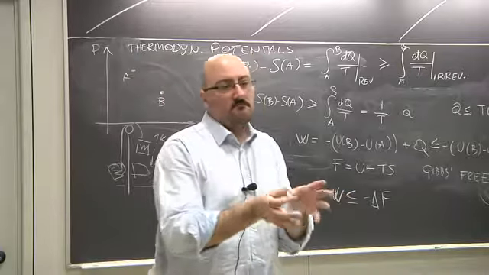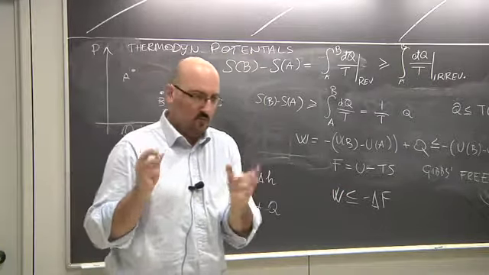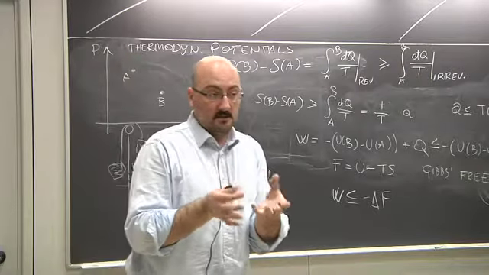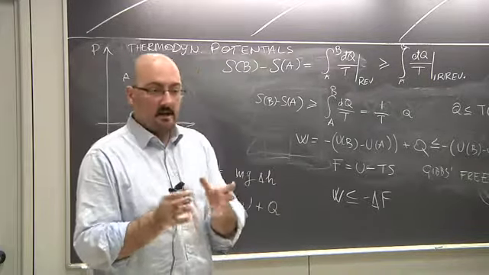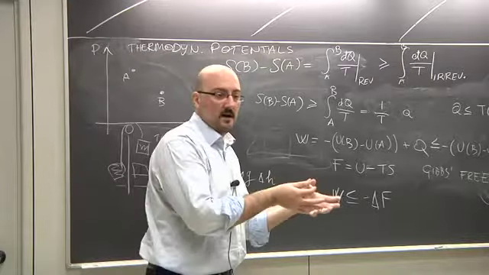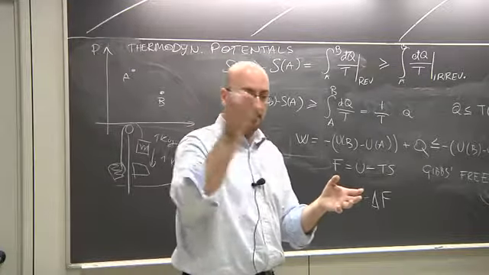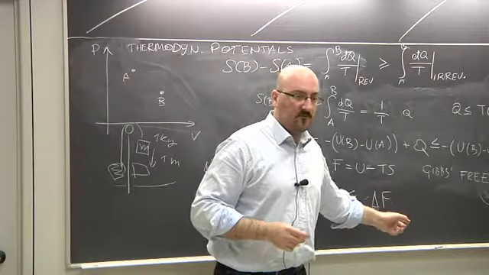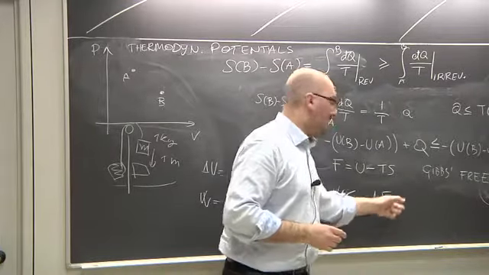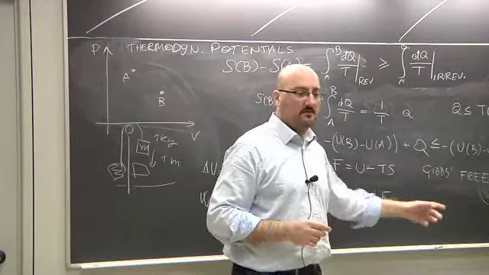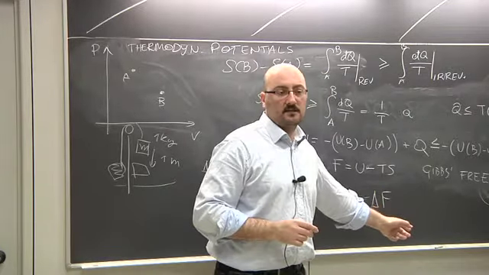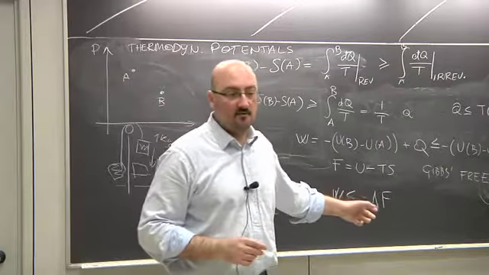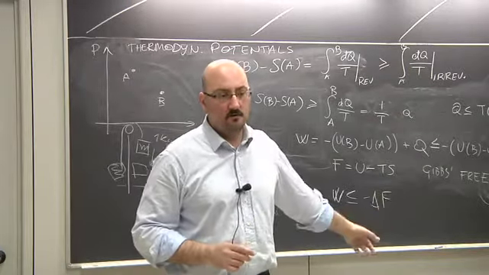The free energy knows this, quote unquote, knows these properties, and returns a numerical value when you compute the difference between two points. That tells you, in this transformation, for example, if delta F is minus 10 joules, then I cannot get out more than 10 joules of work.